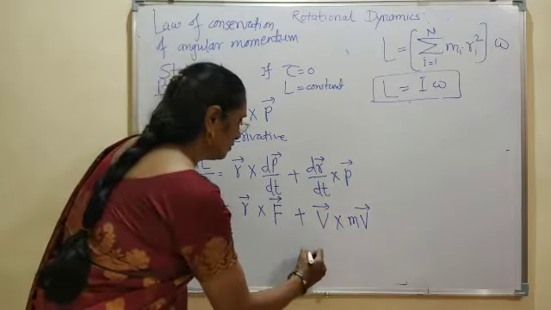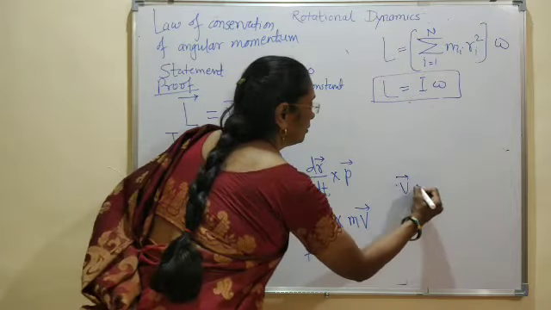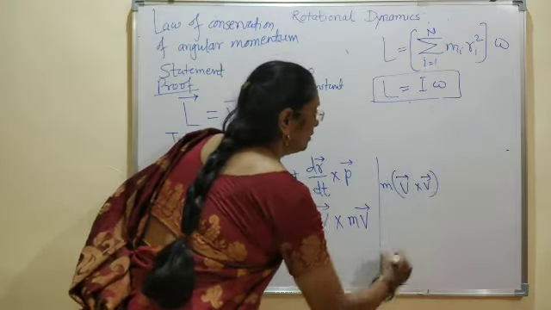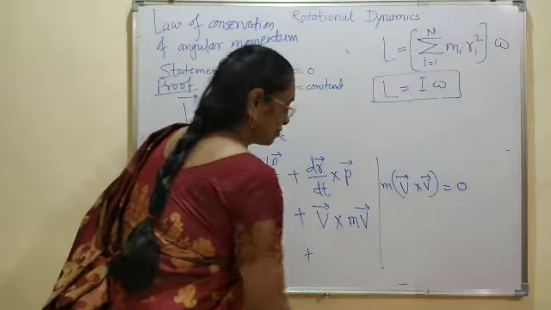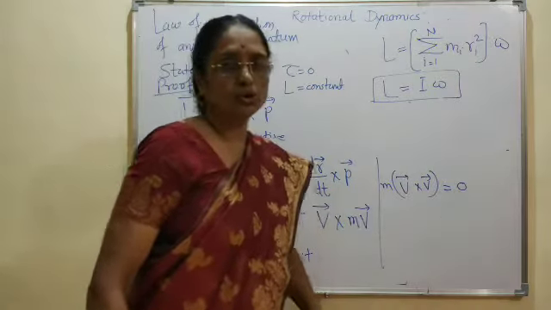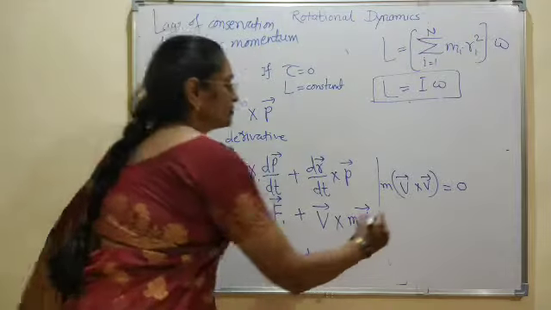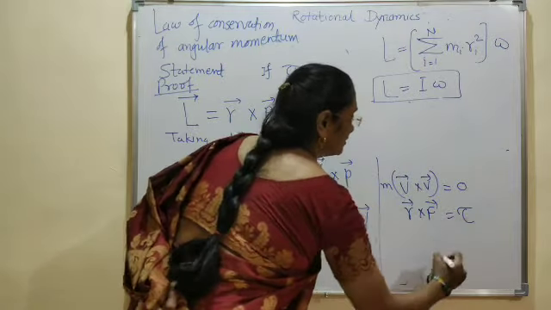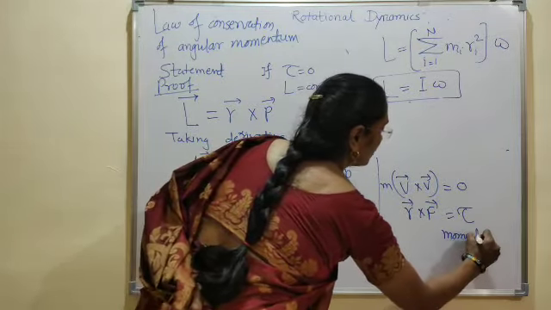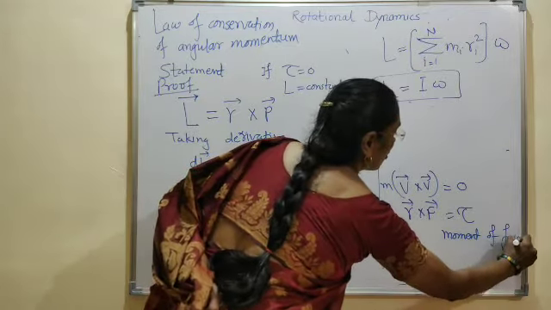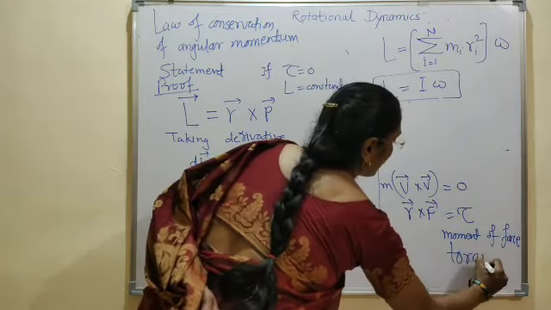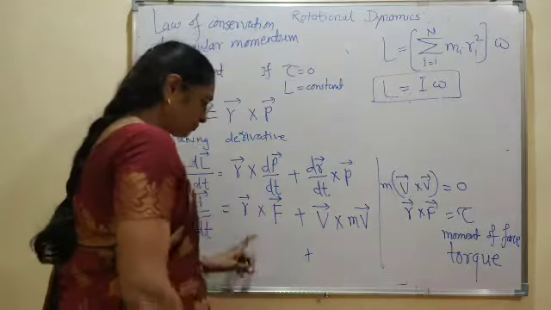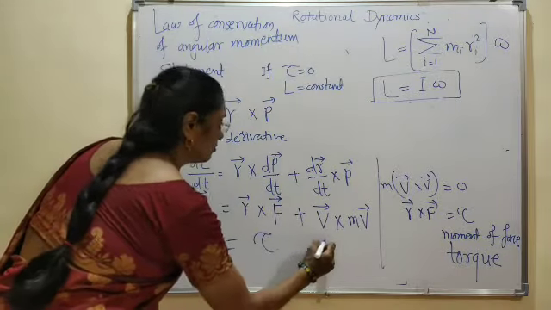So this second term, v cross mv, we write as m into v cross v. The self cross product is equal to 0. Now r cross F is also the basic relation. It is called the moment of force, or torque. It is denoted by tau. So it is equal to tau plus 0.